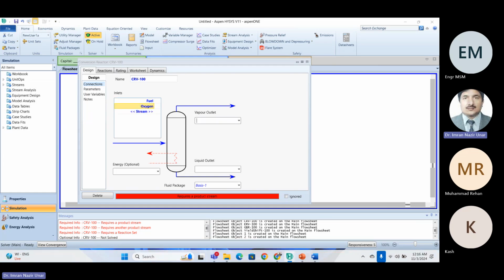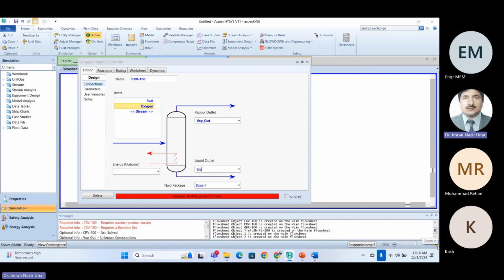There are two optional outlet streams. One is the vapor, and the other is for the production of liquid products, so liquid out. Then there are optional energy streams. If you have some coil or some steam jackets or steam coiling, it means you are inserting a heat stream, or even if you have cooling, you can take out the stream.